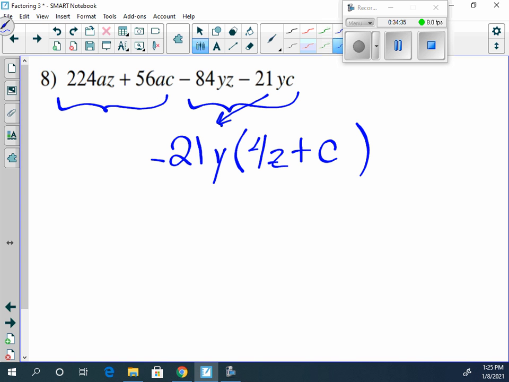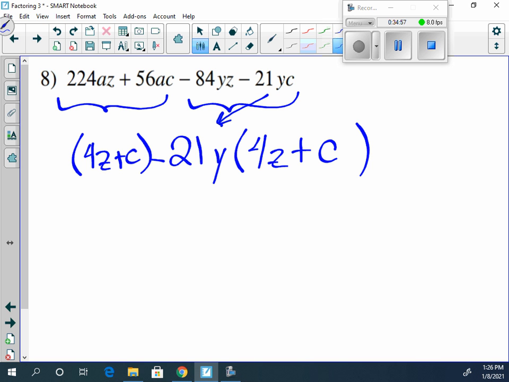Only thing we didn't pull out. Questions on this here? So what does that tell me about the first set of parentheses? Now what's inside the parentheses here should be 4z plus c. Yes, if this is going to factor, we need it to be 4z plus c.